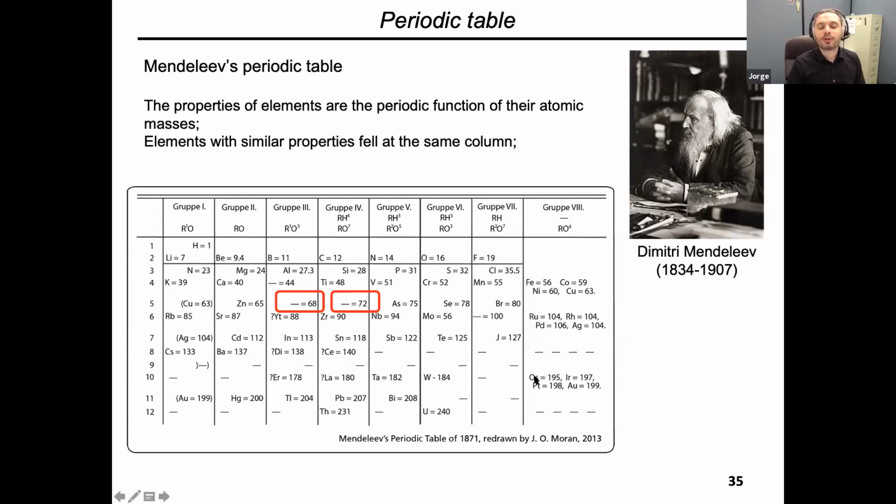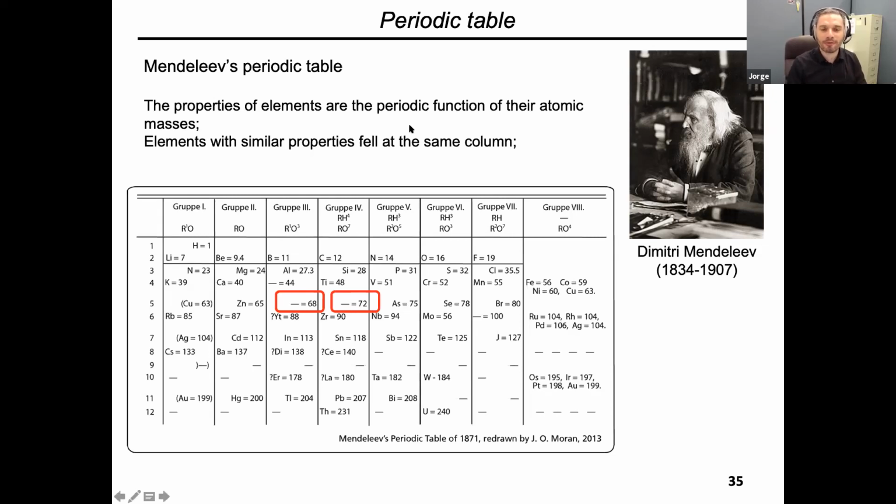The first successful person to organize the elements was Mendeleev. Unfortunately for Mendeleev, he was from Russia, and at the time, not many people spoke Russian. So that's why his idea of organization of the elements took a little longer to be recognized and understood by Western scientists.